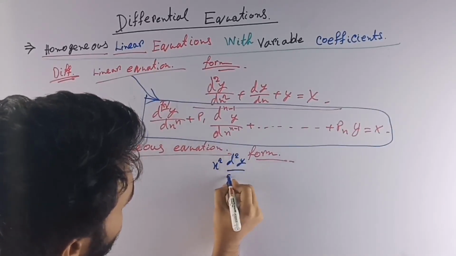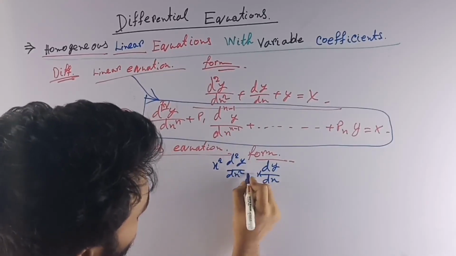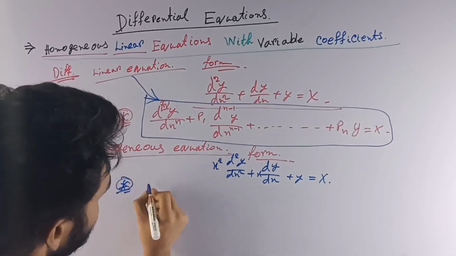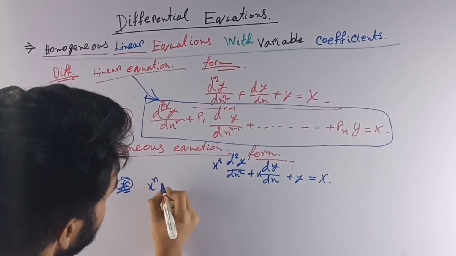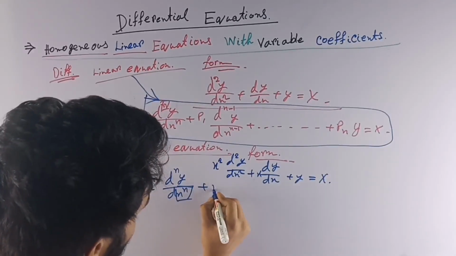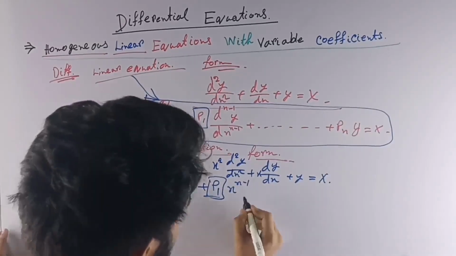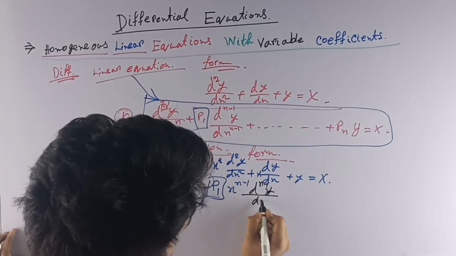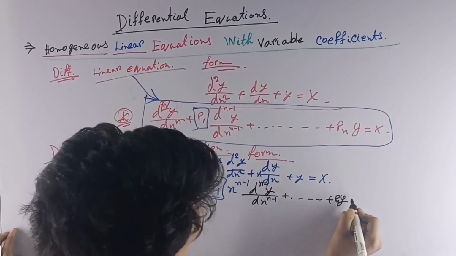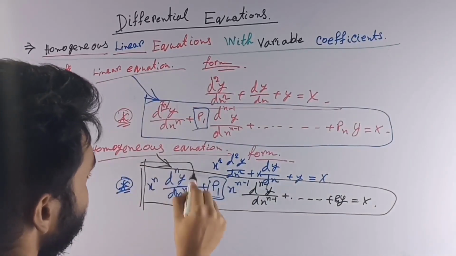You can watch it like this: x square times d2y by dx2 plus x times dy by dx plus y equals x. So the general equation becomes x to the power n times d to the power n y by dx to the power n plus p1 times x to the power n minus 1 times d to the power n minus 1 y by dx to the power n minus 1 plus dot dot dot pn y equals x.